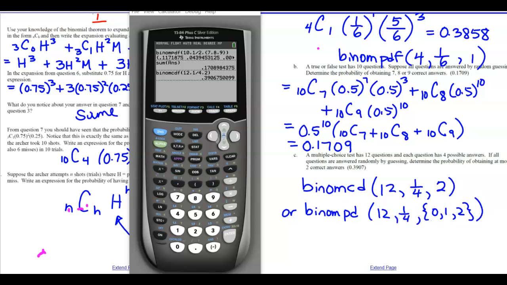Okay, and then adding those together, or the algebraic method. 0, 1, 2. Okay, and you get the answer that's there.